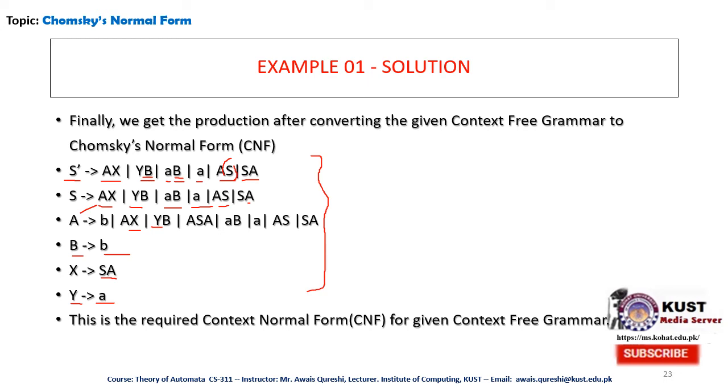As you can see, we have different non-terminals on the right hand side, and we are replacing those non-terminals with their respective substitutes or replacements. We call these our replacements. So this is the required Chomsky normal form for the context free grammar.